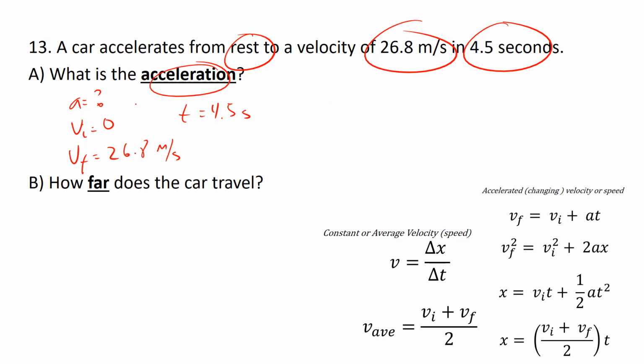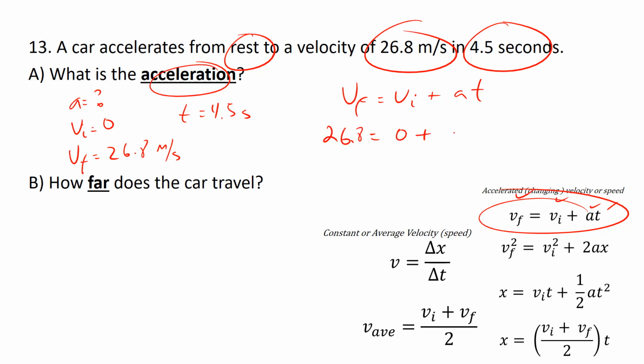So we go ahead and pick the equation. Which one has a, Vi, Vf, and t? We get this one right there. Vf, Vi, a, and t are all in there. Check, check, check, check. So it's 26.8 equals 0 plus a times 4.5. And we rearrange that.